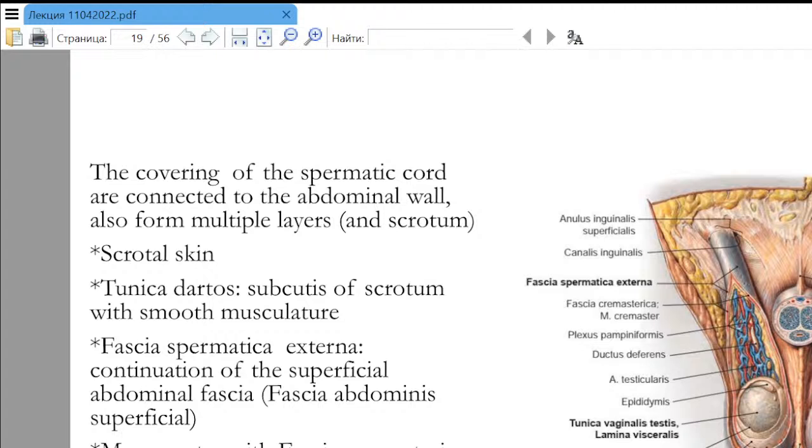Tunica vaginalis testis has two laminae: lamina parietalis and lamina visceralis.